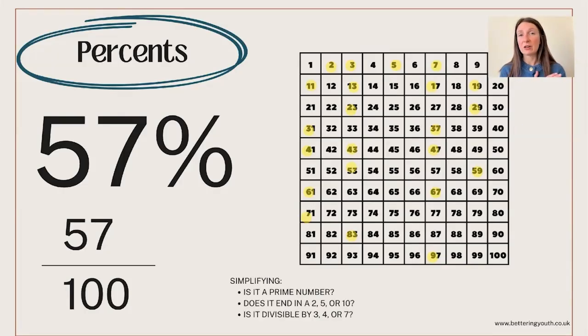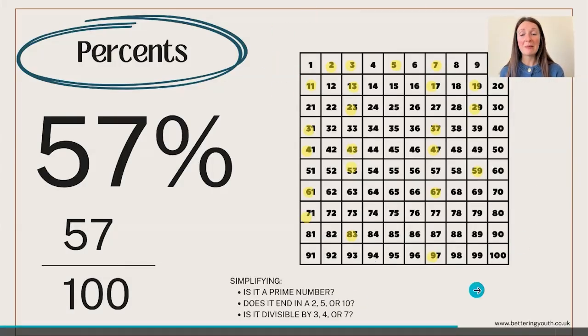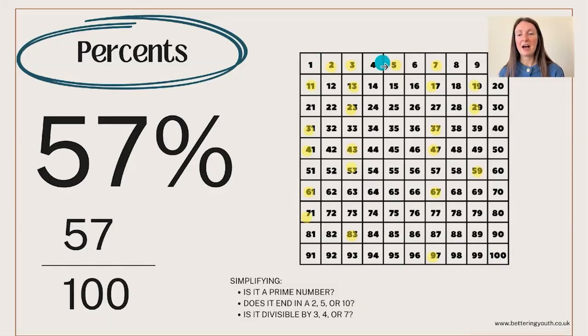When we are in a younger school, probably around year 6, they will have the expectation that students know their prime numbers up to 100. So you've got 2, 3, 5, 7, 11, 13, 17, 19, 23, 29, 31, 37, 41, 43, 47, 53, 59, 61, 67, 71, 83, 97.